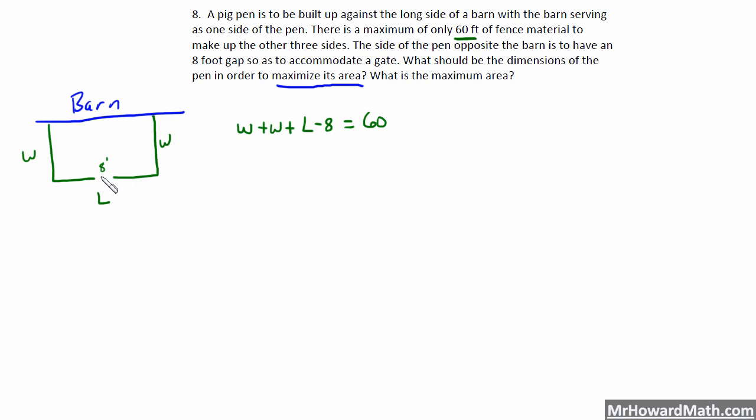We have to subtract this 8 out because that's going to be open fence. So our full length, we're only going to use this much of the fence, right? Those two spots there. Okay, so that's why I have minus 8 in here.